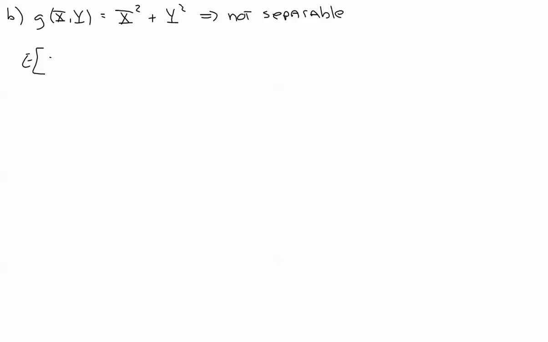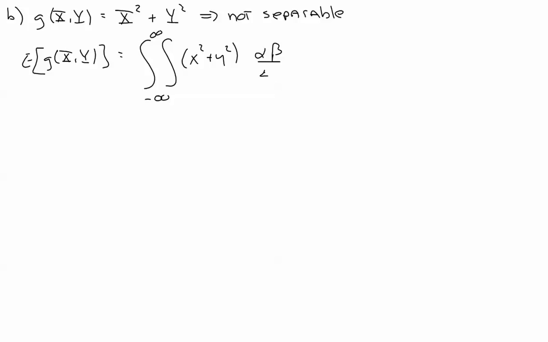So the expected value of g is my double integral of my function x squared plus y squared times my joint PDF, alpha beta over 4 e to the minus alpha absolute value of x plus beta absolute value of y, dx dy.